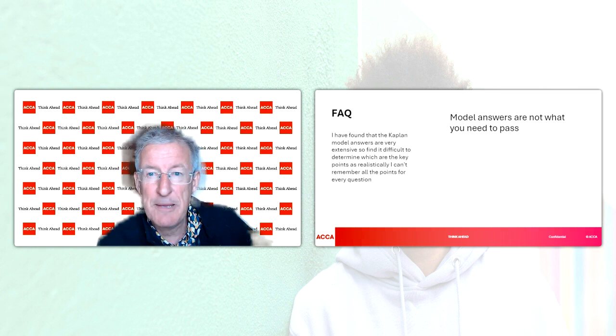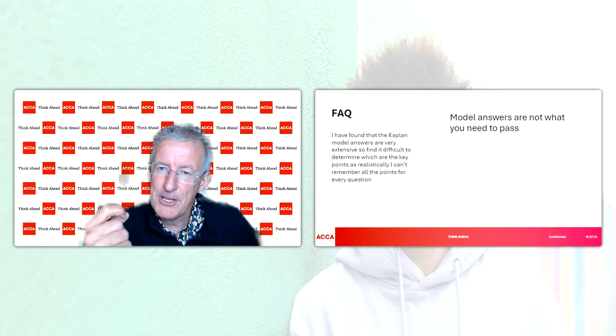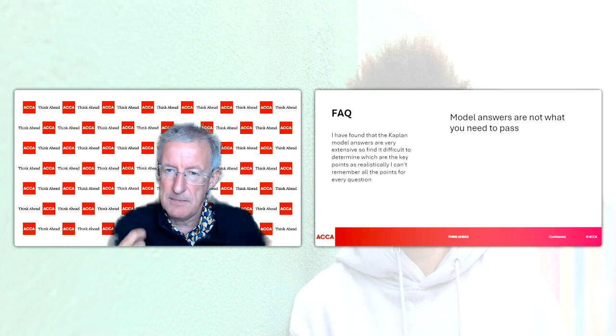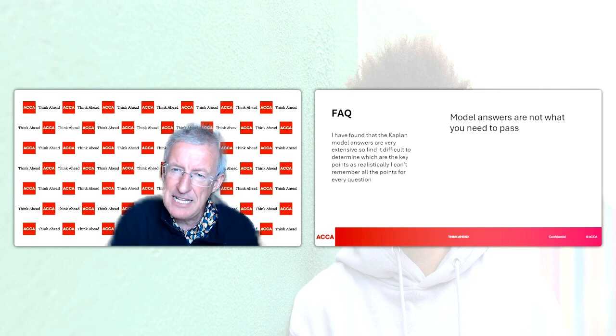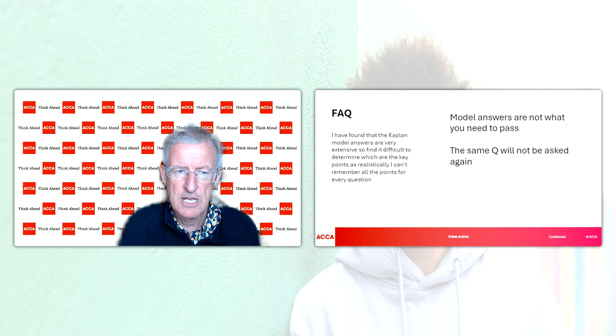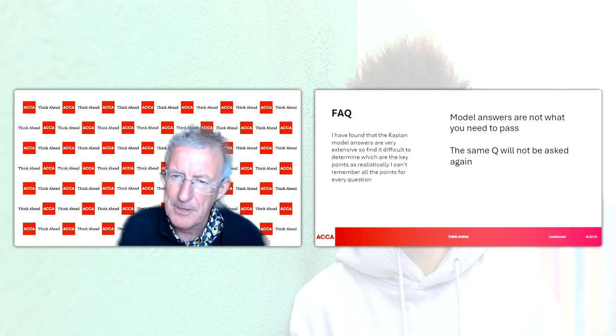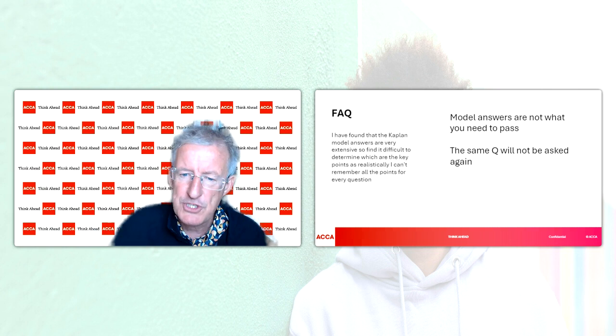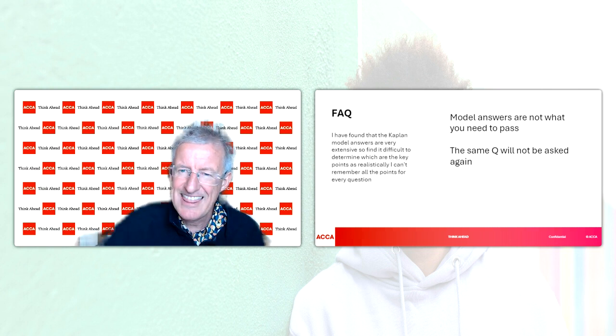You can watch him, you can learn from him, you can enjoy him, but you don't need to be Lionel Messi to pass this examination. So the model answers are not representative of what you need to pass the examination. So don't beat yourself up by being unable to produce an answer of that length.